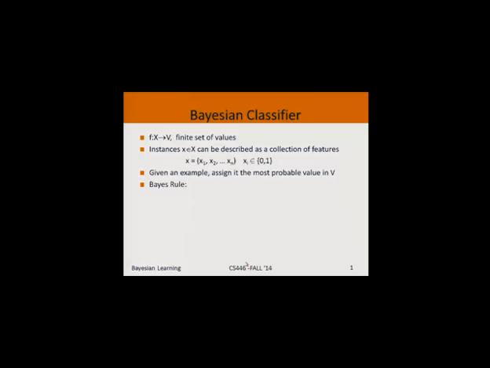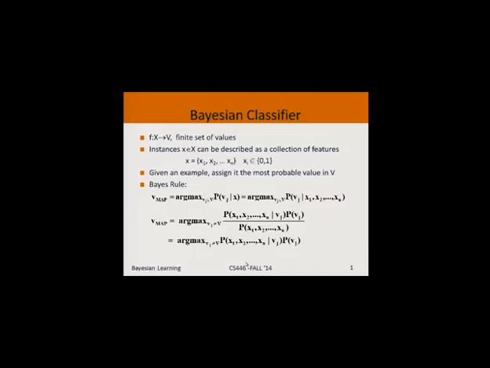I'm going to use Bayes' rule to find the maximum a posteriori V, which is the argmax over all possible V's of P of Vj given X, which is the argmax over all V's of P of V given, this is just instantiating the vector. And let's use Bayes' rule. Bayes' rule is going to say P of X given V times P of V divided by P of X. For the sake of the argmax, I don't care about P of X, so that's what I care about.